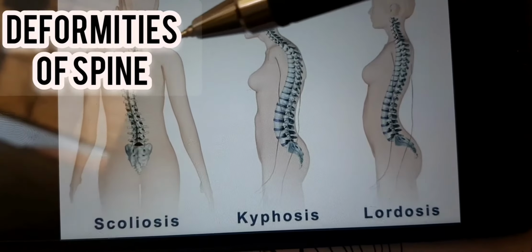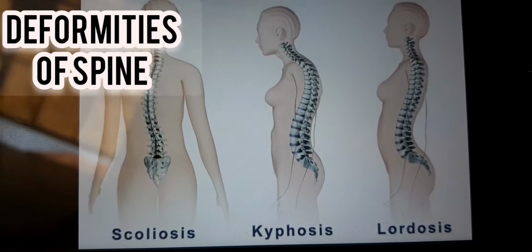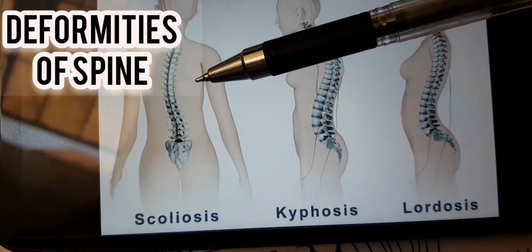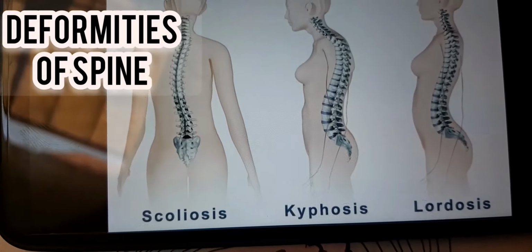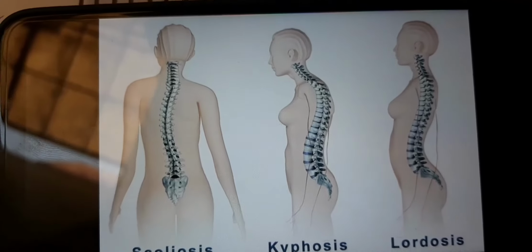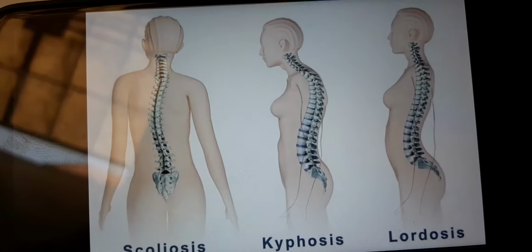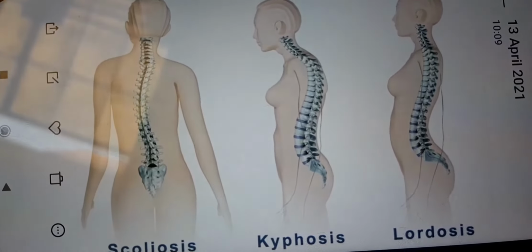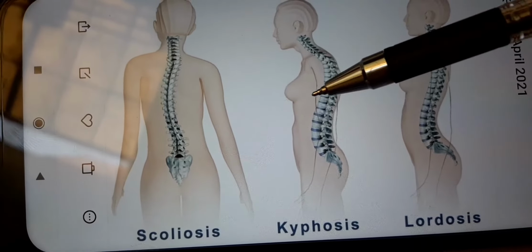So basically there are 3 types of deformities of the spinal curve. First is scoliosis. In scoliosis you will see an abnormal lateral curve of more than 10 degrees, also called the twisted disease. The next one is kyphosis, which is an exaggerated thoracic curve, also known as the humped disease.